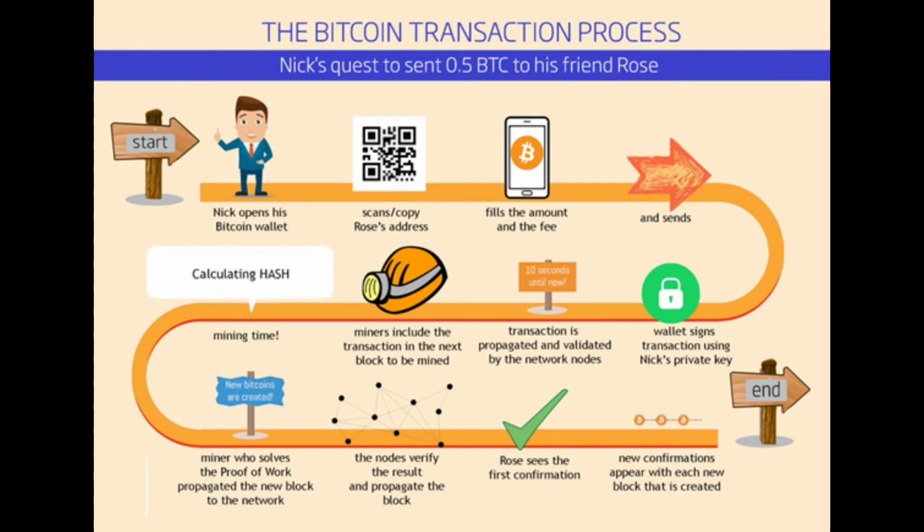We're now at the calculating hash mining time step. I've decided that I'm probably going to do a totally separate video on exactly what's happening in this step, but at a very high level, the miner is conducting millions upon billions upon trillions upon quadrillions of hashes to generate an output.